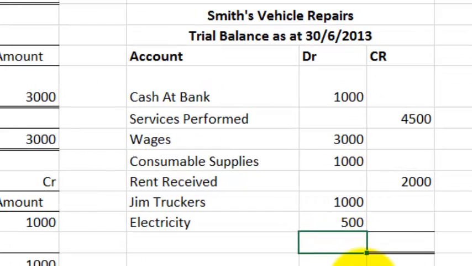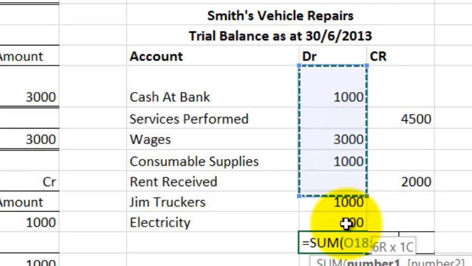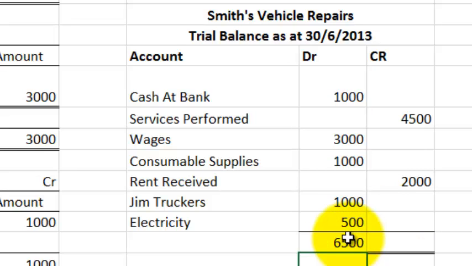I want to make sure that I've done this process correctly, and I will do so by adding up both sides. So I'm going to add up the debit side, and I'm going to do the same to the other side. And look at that, the trial balance balances. So I've done all my debits and credits correctly.